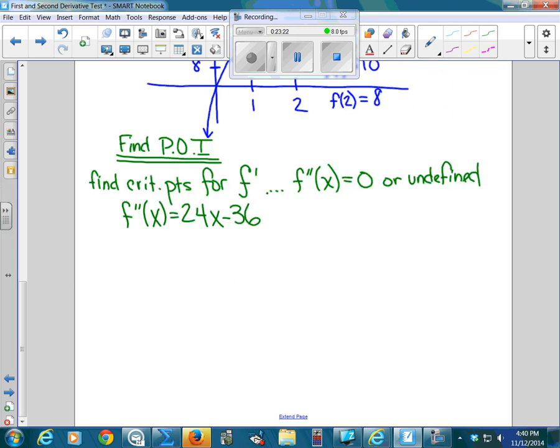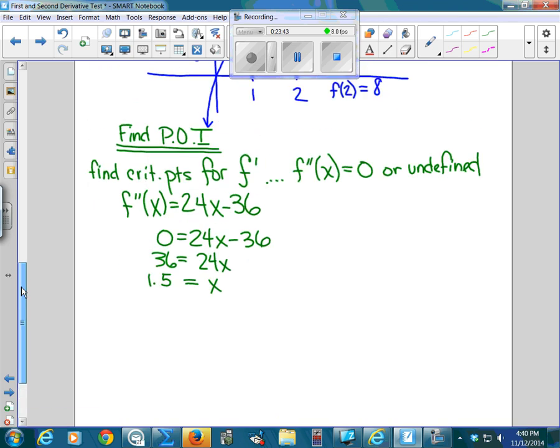So the critical point for this thing happens to be 36 over 24, or 1.5. Okay, it probably is a critical point, but we're going to show a test just to be sure. Not all the functions are this obvious.